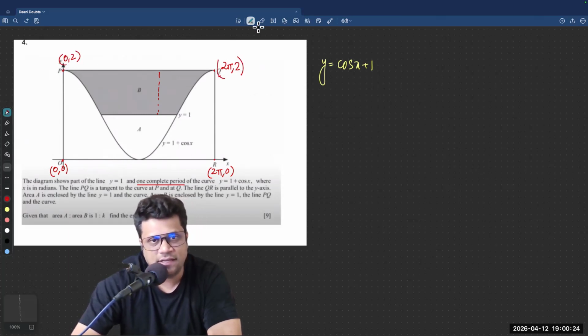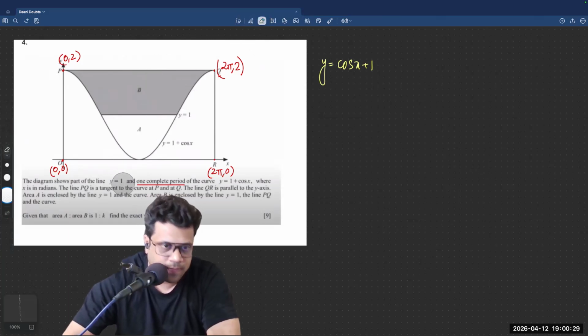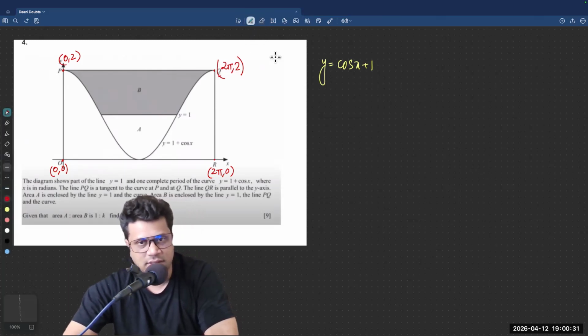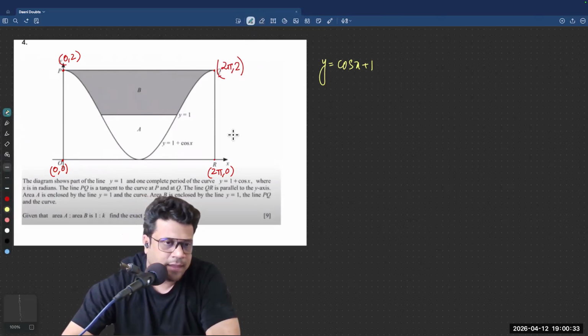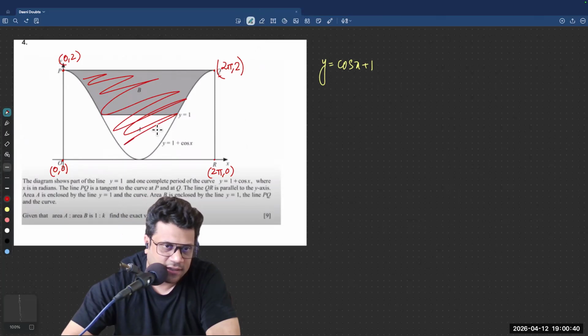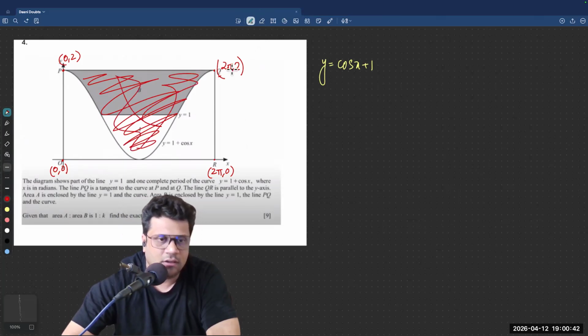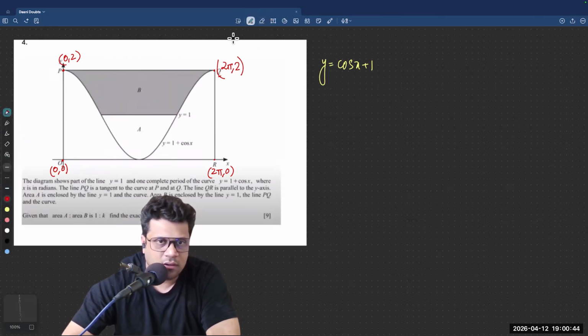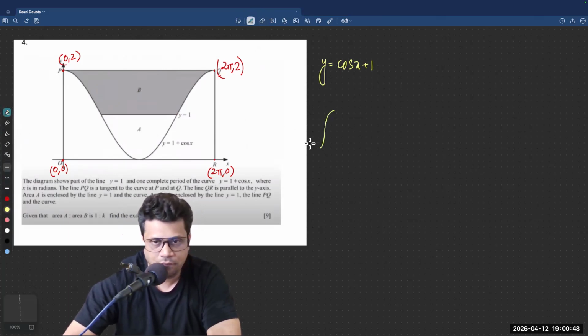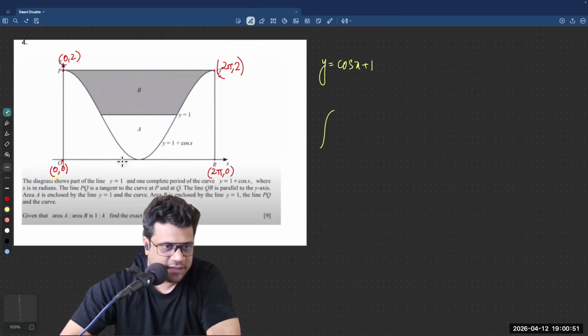So that is the first thing you would want to keep in your solution before you go do this question. Okay. And let's see what else. I'm going to try to find out this area. To find that area, what I do is I integrate the curve from 0 to that point.